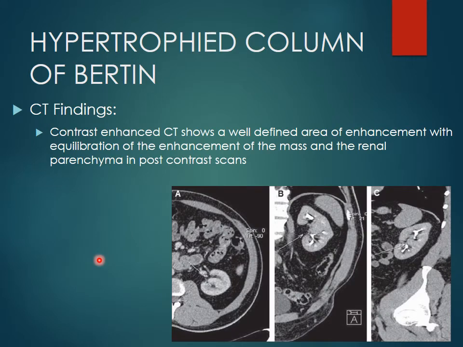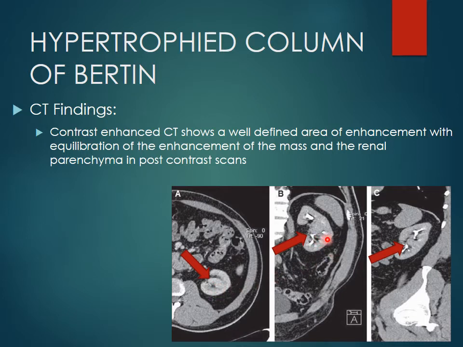On CT scan, hypertrophied column of Bertin would appear as a well-defined area of enhancement that would show equilibration with the rest of the renal parenchyma in the post-contrast scan. So as a series of images shown on the right side, this would be the suspected mass lesion.